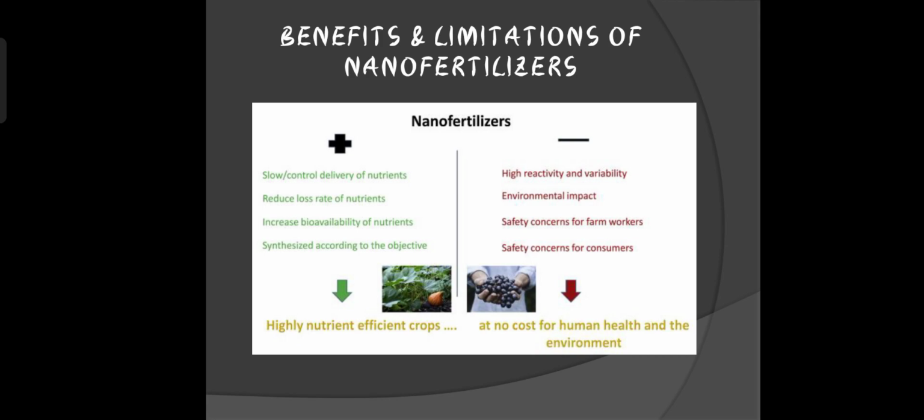And the limitations are high reactivity and variability, environmental impact, safety concerns for farm workers, safety concerns for consumers, and unknown cost for human health and the environment.